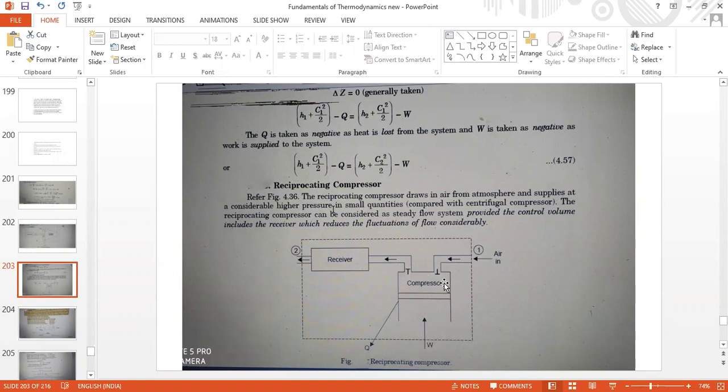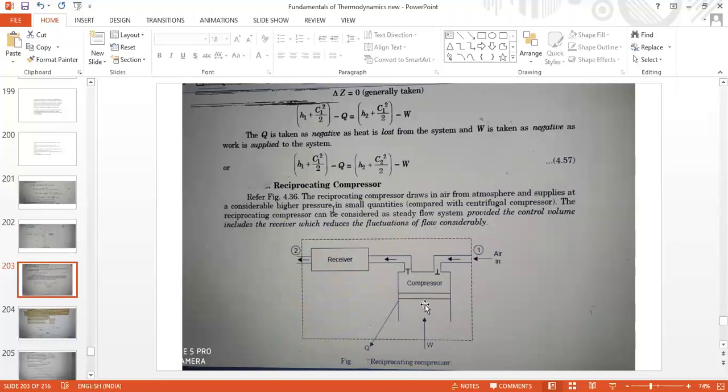So this is the cylinder, piston, the inlet valve, and the discharge valve, and from the suction, air enters like this. For the piston to reciprocate there is a power requirement.